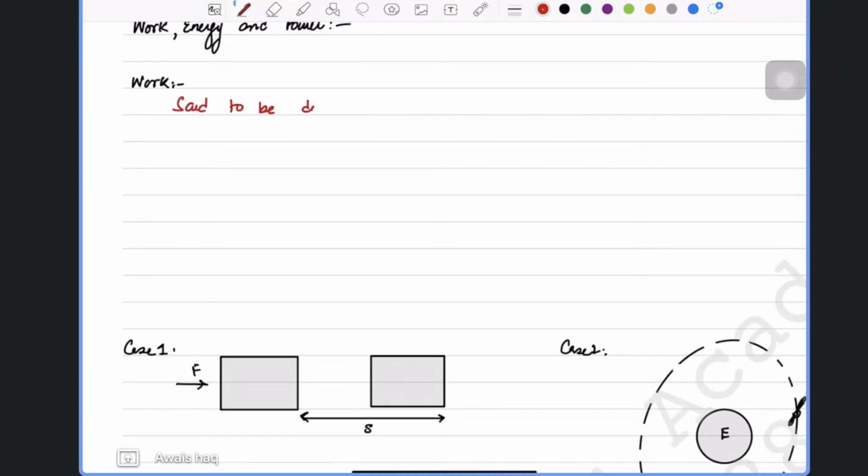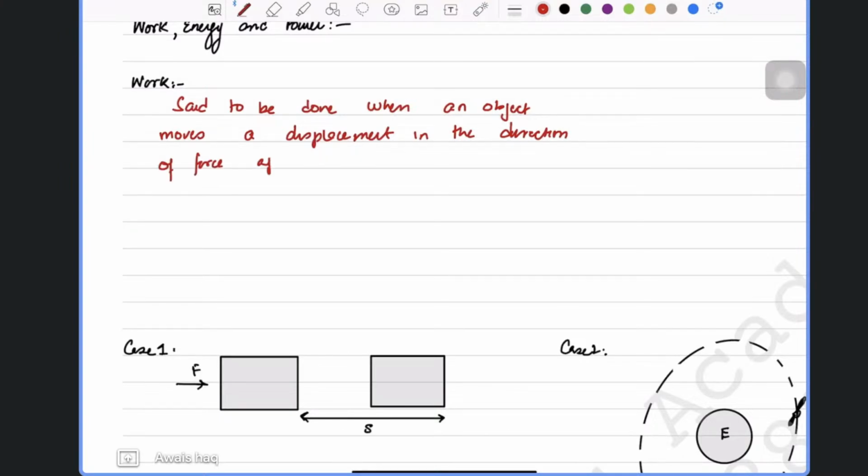So work is basically said to be done when a force, sorry, an object moves a displacement in the direction of force applied, which basically means that work is force times displacement.